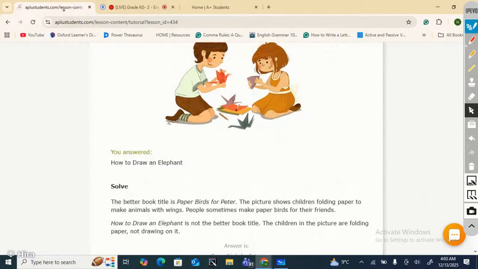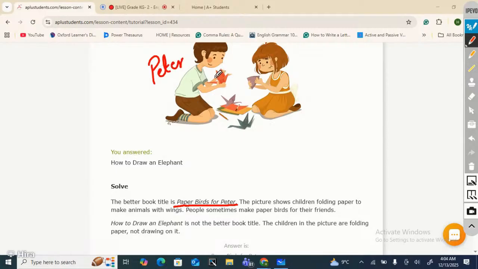Or the better book title is Paper Birds for Peter? Well, yes, it looks like this one is the better one. Paper Birds for Peter, because there are two children who are, I guess, making paper birds. This may be Peter.